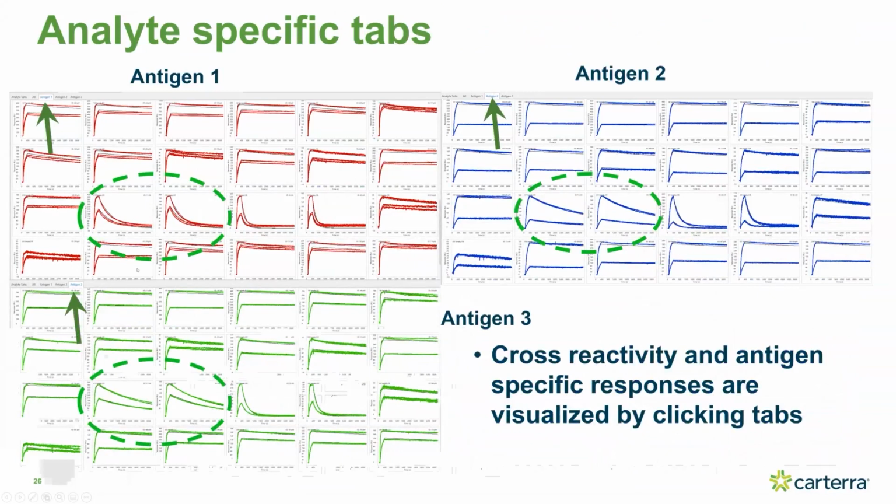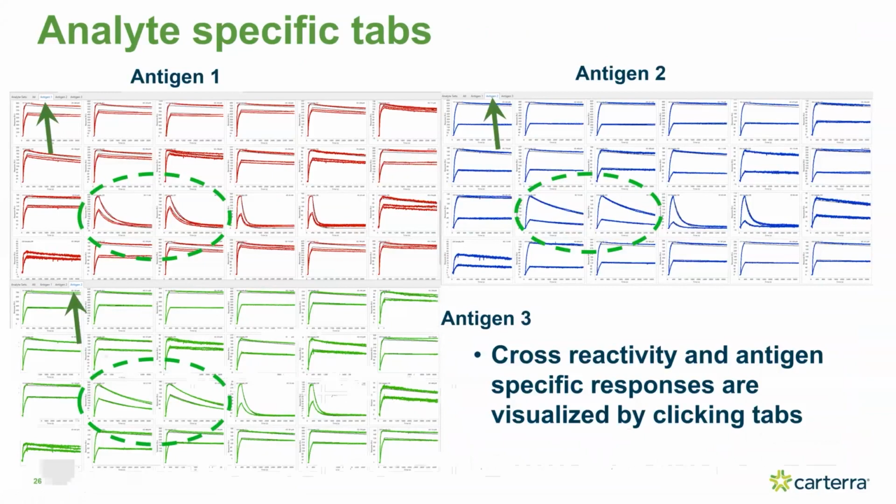Since we're looking at the same clones and same layout, you can see that this clone in duplicate here has very different kinetics to antigen 2 and antigen 3. It's much more rapid to antigen 1. These kinds of things can be easily visualized in the software.